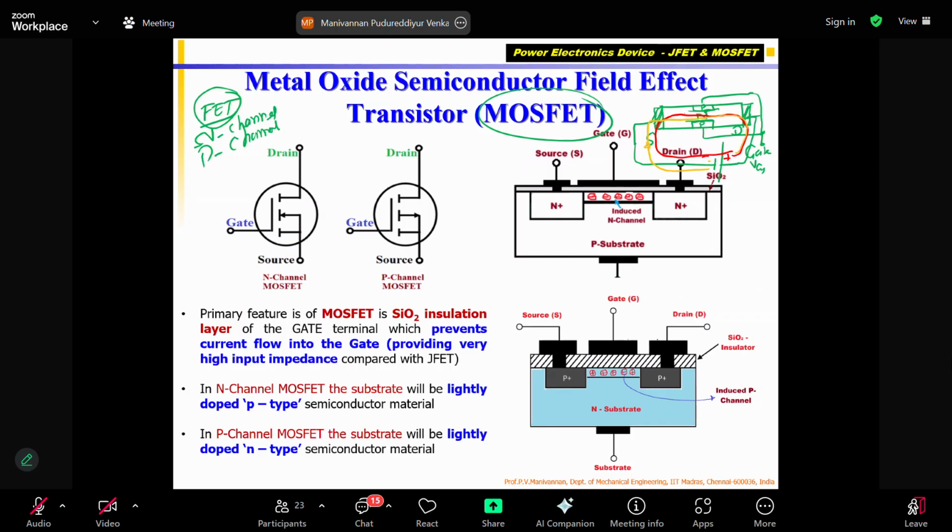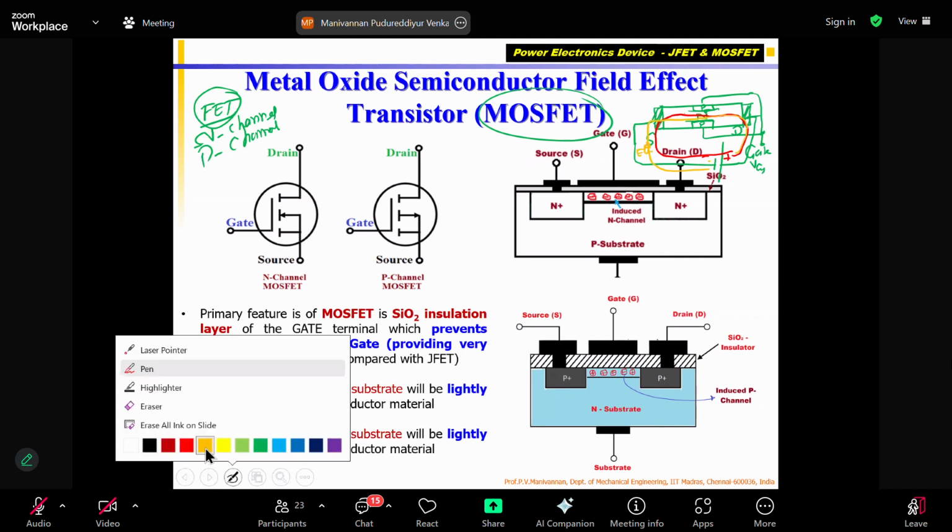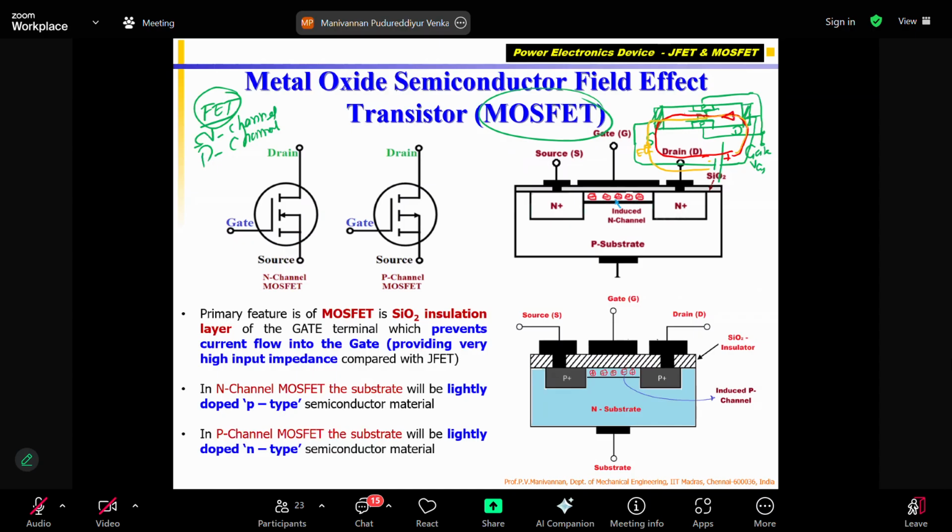This is the electron flow. We know that current flow is always shown opposite to electron flow. That's why we say current flows from battery plus to the drain of the JFET and comes through this channel. Since it is made of N material, it is called an N-channel FET, JFET, junction FET with N channel.